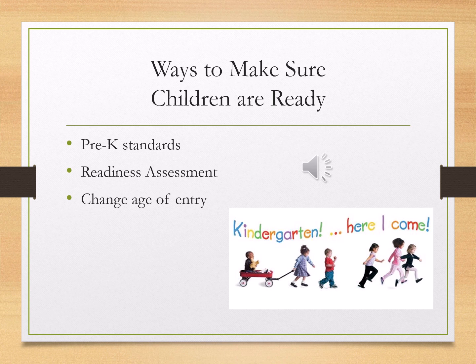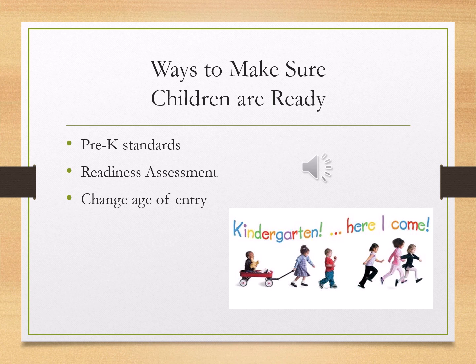Another option is to give these readiness assessment tests, and then potentially, if children don't do well on those assessments, to have them not come to kindergarten. Or again, like I said, let them come to kindergarten and then make sure to support them if they aren't doing well on that readiness assessment, if they're missing some skills.